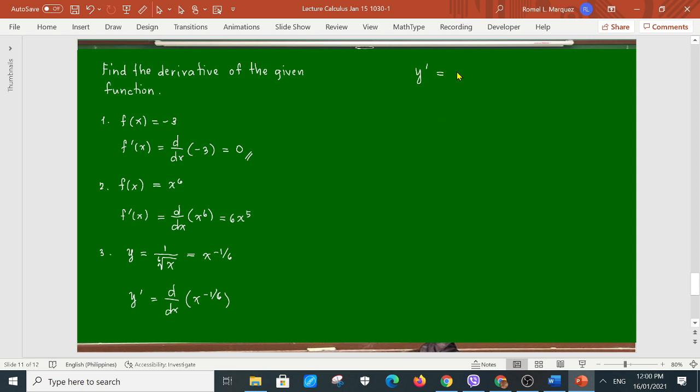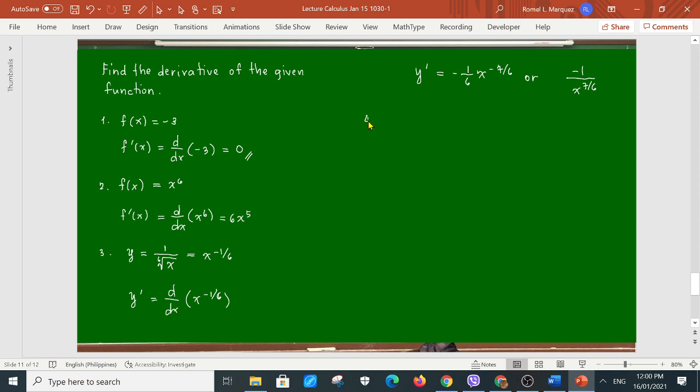Drop the exponent, negative 1 over 6, times x, subtract 1 from the exponent, so the exponent is negative 7 over 6. Or you can also write it with a positive exponent: negative 1 over 6 x to the 7 over 6. Okay?